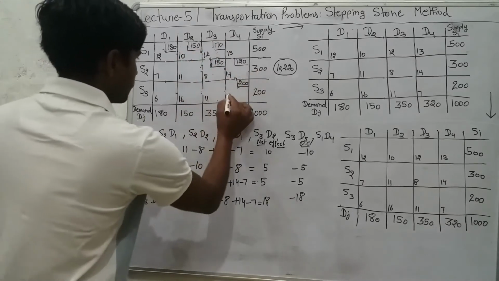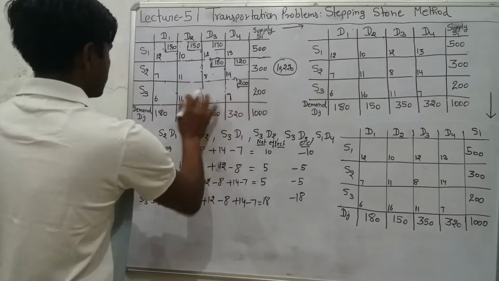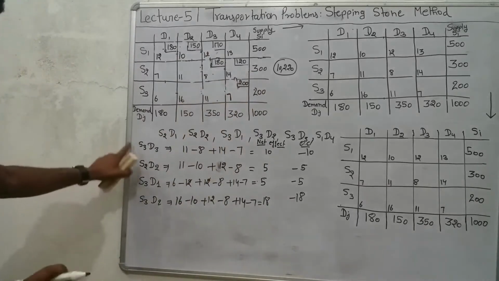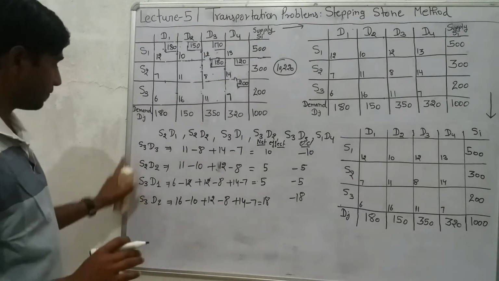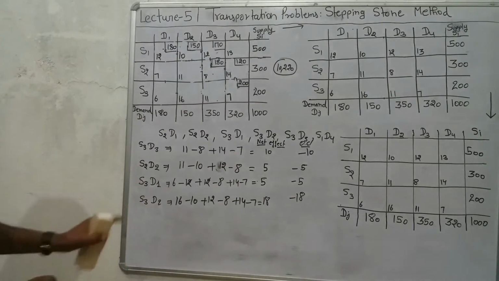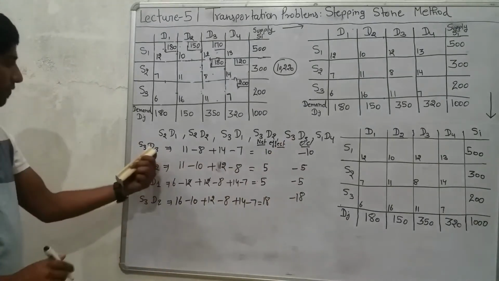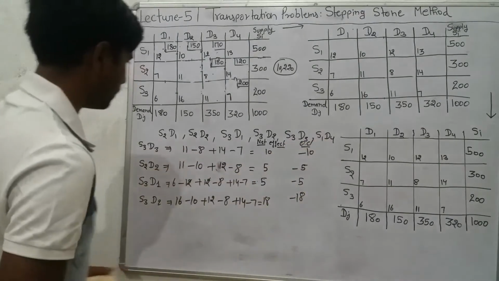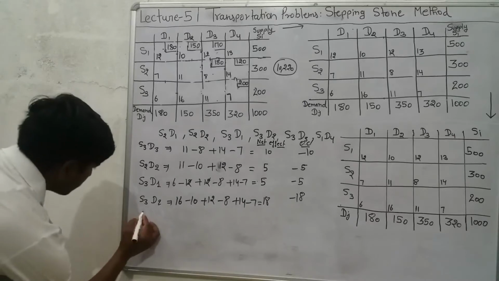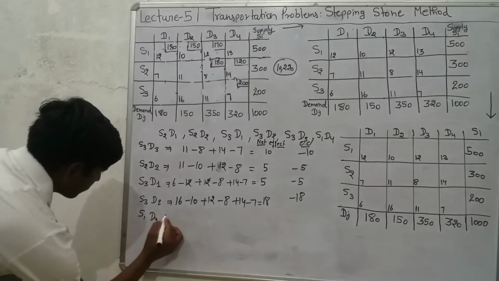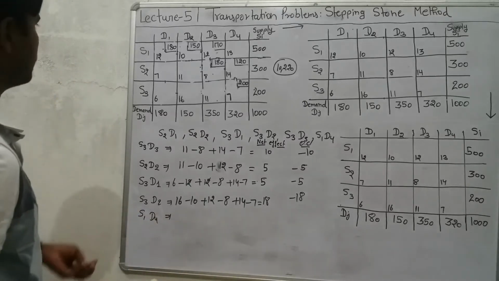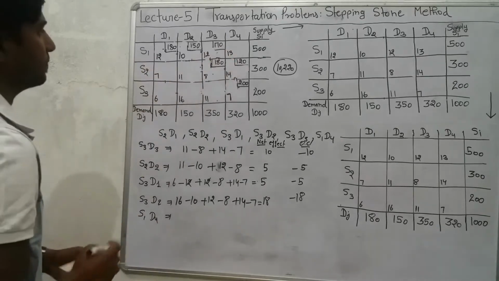Okay. So we are back to the normal problem. We have calculated opportunity cost for 4 unoccupied cells. Now go for the fifth one, that is S3D3. We have calculated already S1D4. So where it is S1D4, this one.